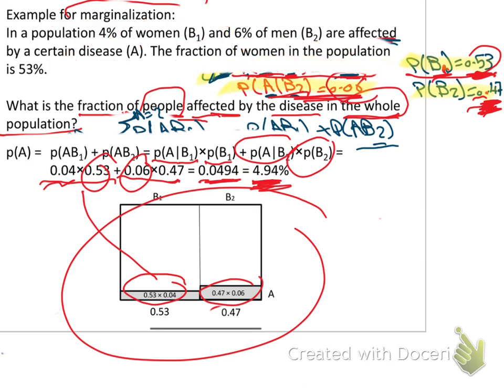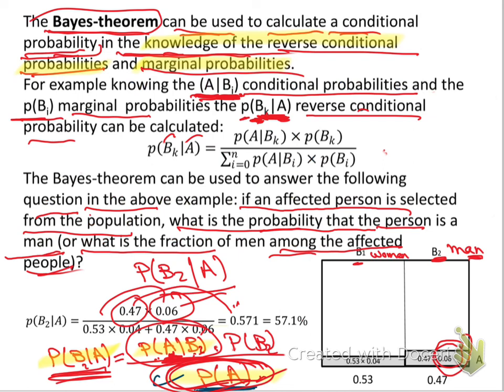The probability here was 6% for the man being affected, so we'll use the same percentages. So here 0.06. What is the probability of being B2? B2 is the man. We said that the man is 47% in the previous example.